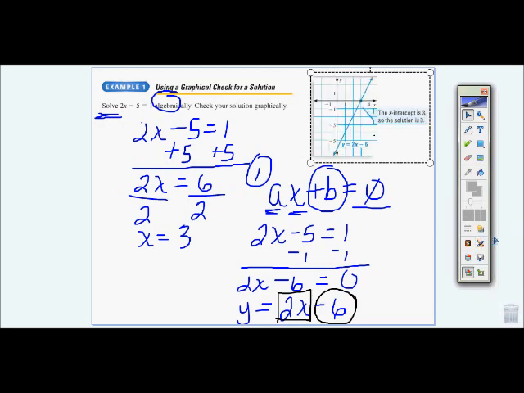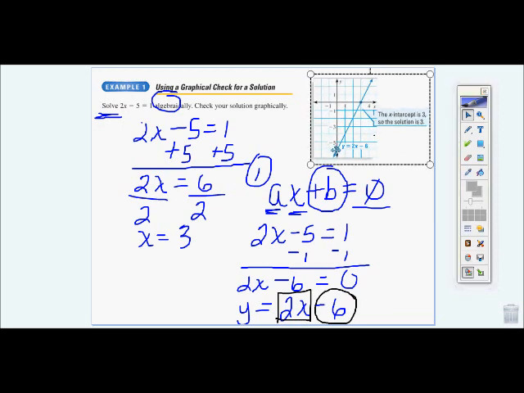So on the graph, you're going to see if I graph the line y equals 2x minus 6, I'm going to begin with b, which means the beginning. I'm going to make my point on the negative 6 for my y-intercept. I'm going to apply my slope, which is 2.